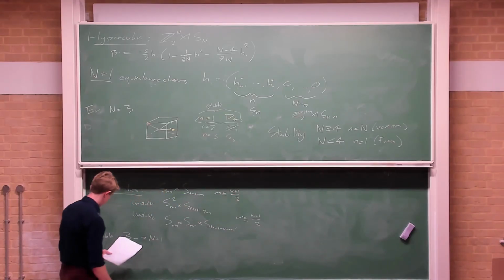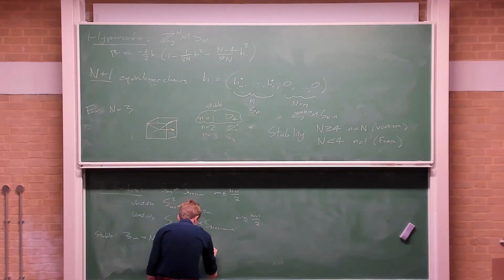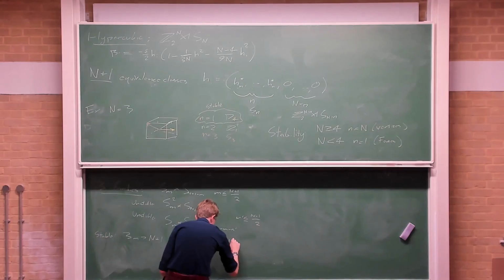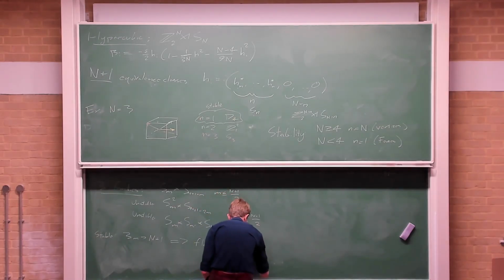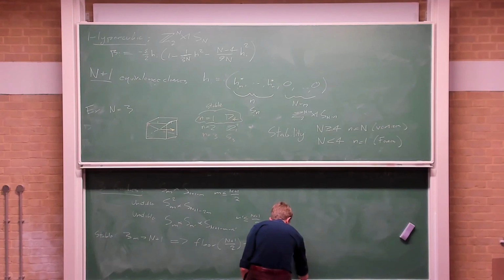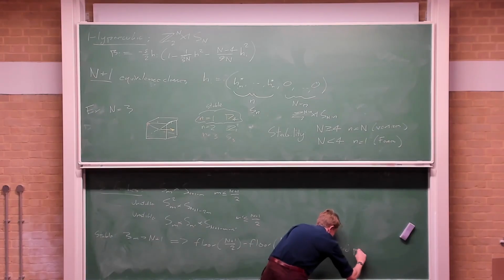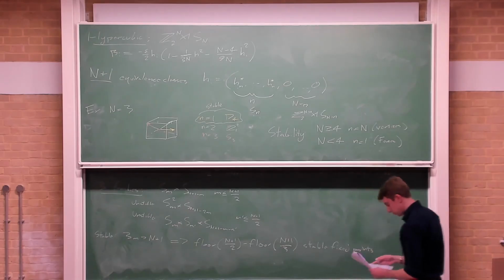In general, there will be floor((n+1)/2) minus floor((n+1)/3) stable fixed points which are simultaneously stable.